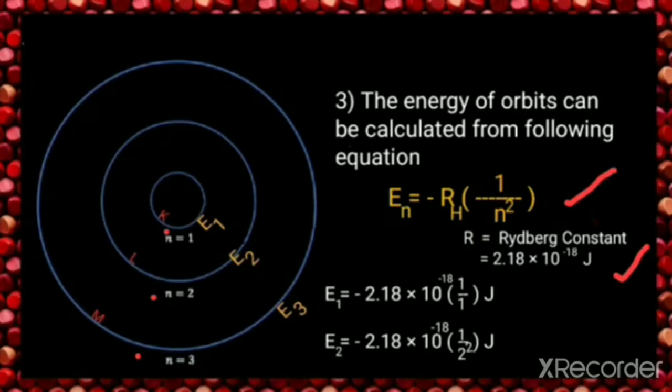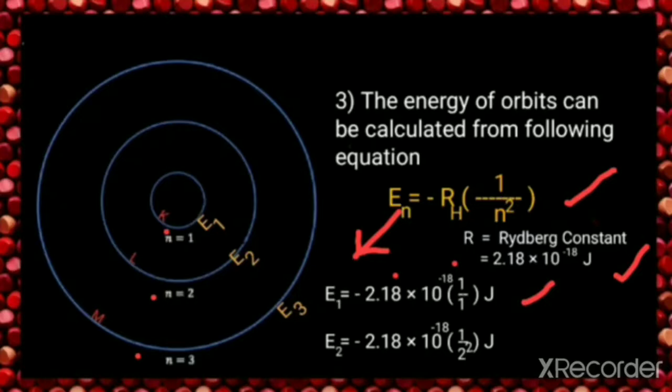If we are finding the energy of the first shell, we use this formula. We get E1 = -2.18 × 10^-18 × 1/1², because n is equal to 1, so 1² is 1. That many joules of energy will be the energy of the first orbit.